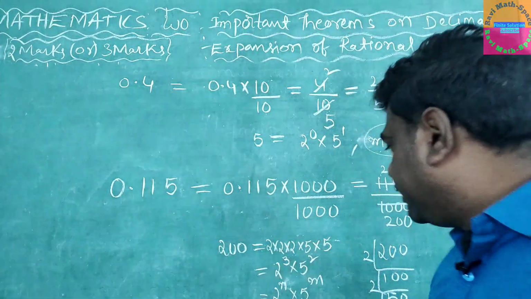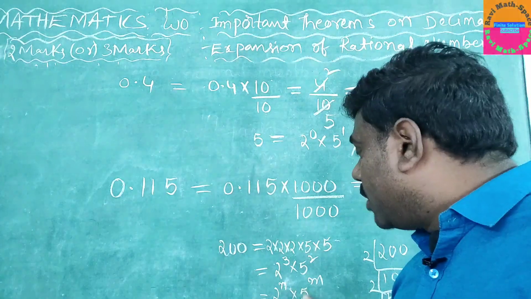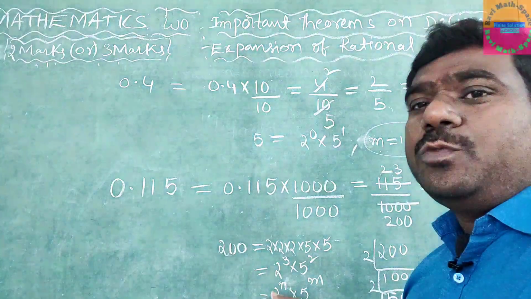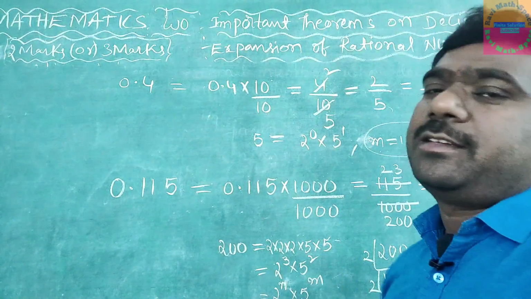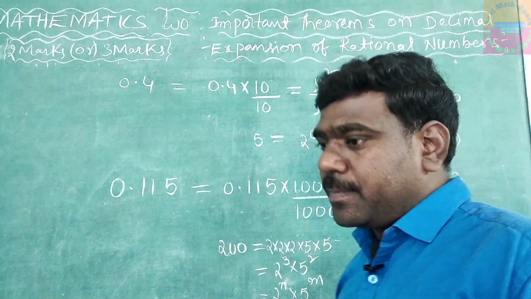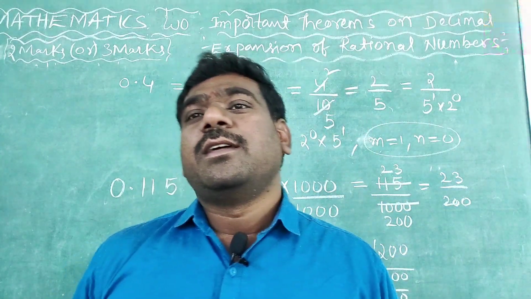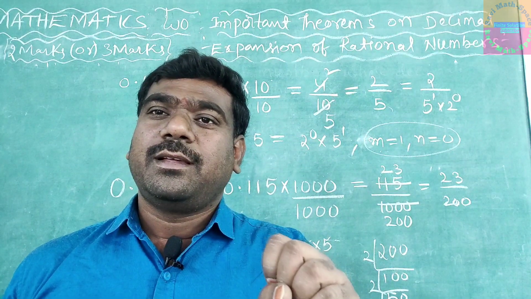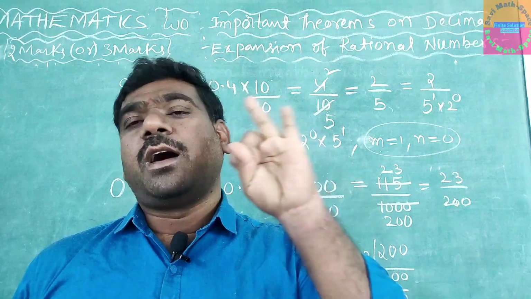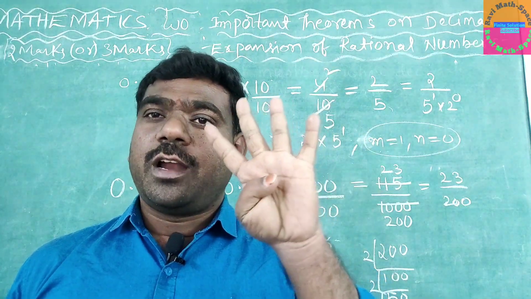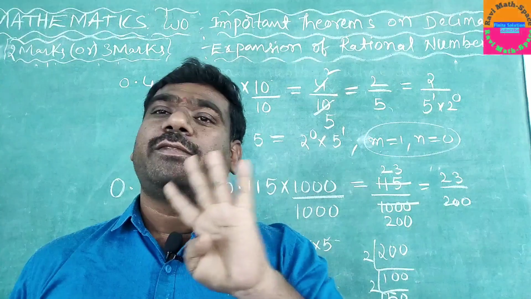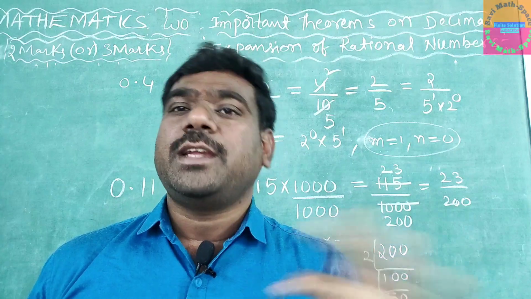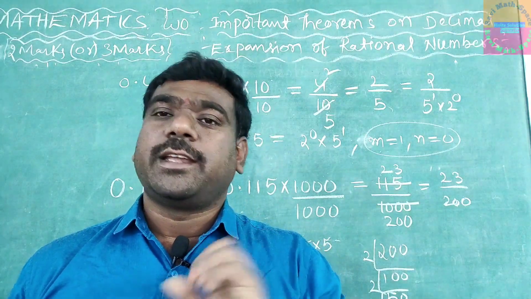In the third problem we got two prime numbers, 2 as well as 5. What we are going to conclude here is that the denominator of the decimal expansion should have only 2 or 5, or both 2 and 5, and no other factors, then only it will terminate. That you are going to understand here.